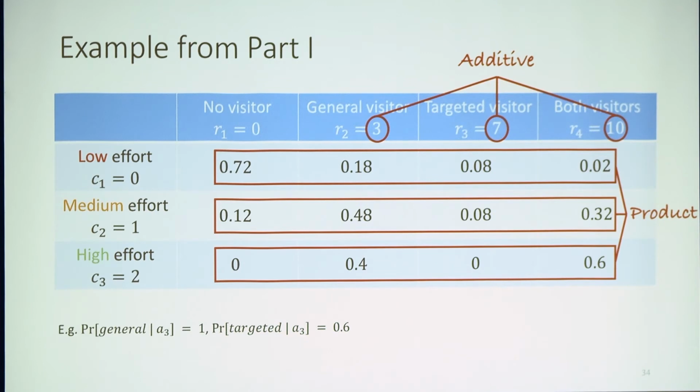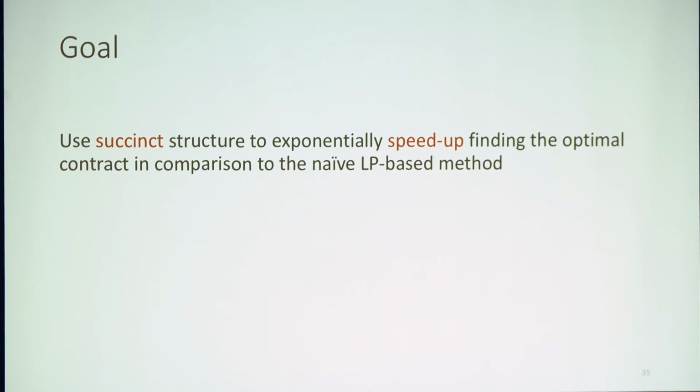We would like to be polynomial in the number of types, so logarithmic in M. So the goal would be to use this succinct structure to exponentially speed up, from 2 to the mu to mu, the problem of finding the optimal contract.